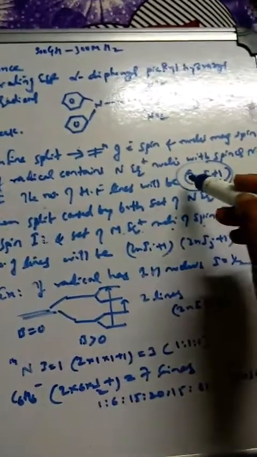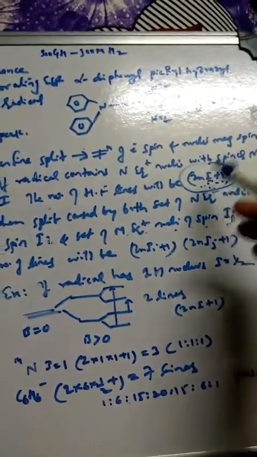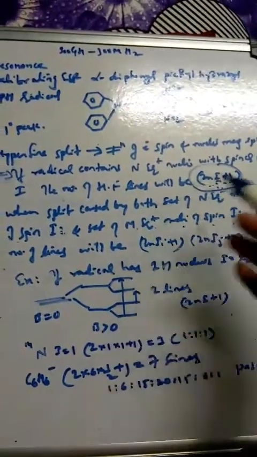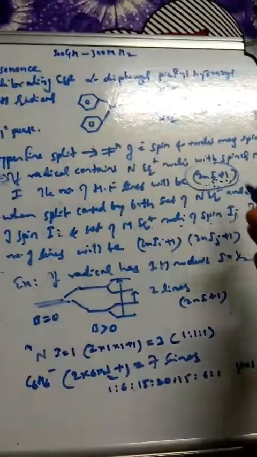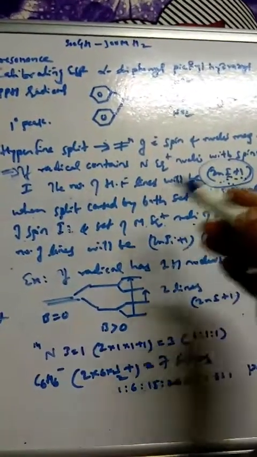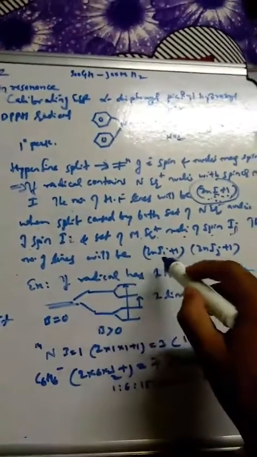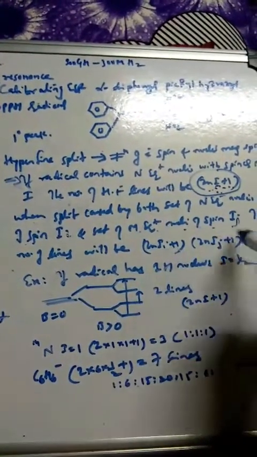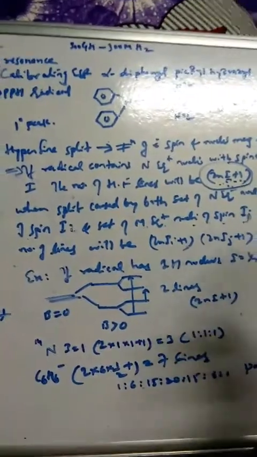For one set you just take 2nI plus 1, but we will understand this when we go through examples, so need not worry now. In the next video we will take examples and learn it.